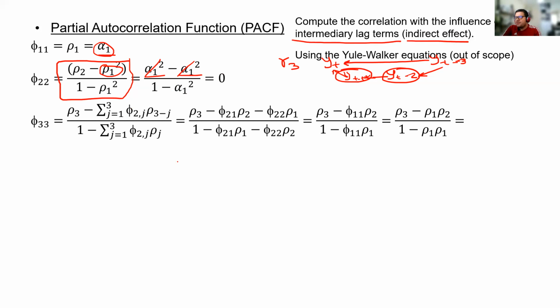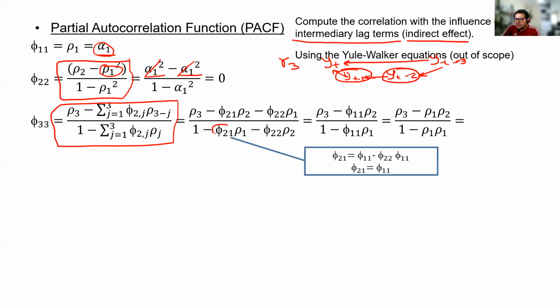The third point in the partial autocorrelation function is actually where the Yule-Walker equations become way more complicated, as you need to do these operations. I expand these sum terms here. But what I really wanted to show you is this phi term, where we account, in this case, for terms that are 3 lags apart.